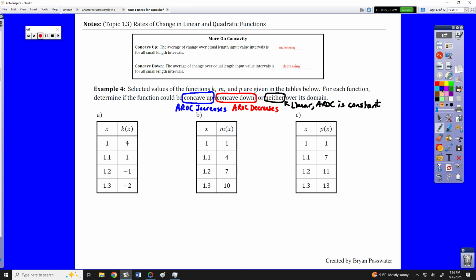So on part A, to look at the AROCs, we look at the change in x. Well, the change in x is constant. It is always increasing by 0.1. So we have equal length input value intervals. Now for k of x, we're looking to see, well, what does it do?